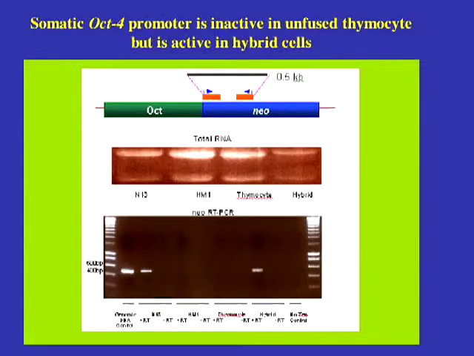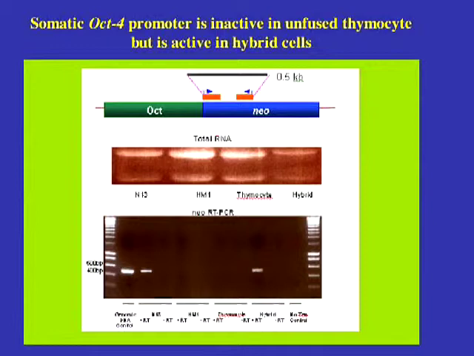So in order to try and address this problem, what we've done is we're using OCT4 GFP somatic cells. In these somatic cells, OCT4 is a pluripotency gene which is off in differentiated cell types and on in pluripotent stem cells and germ cells.